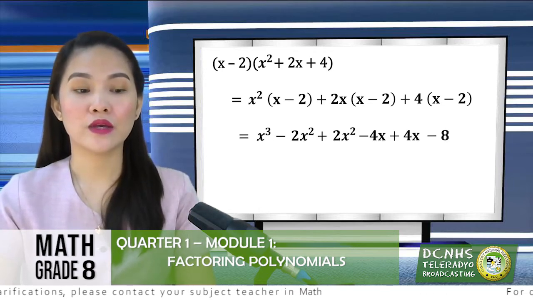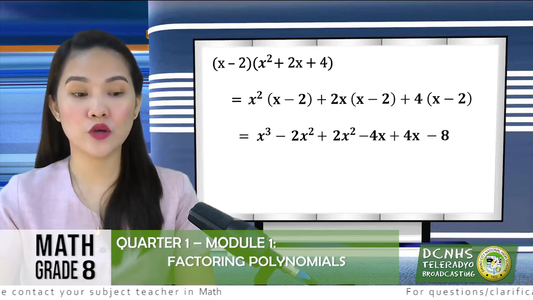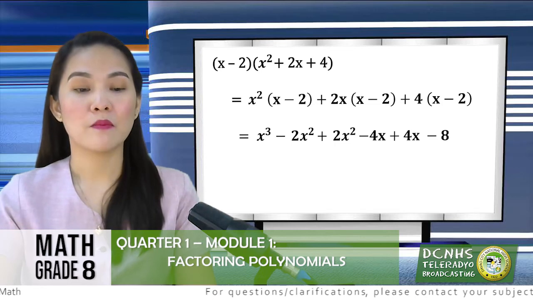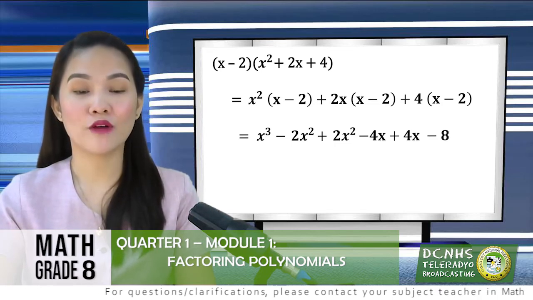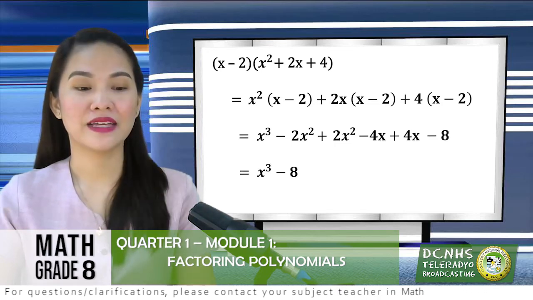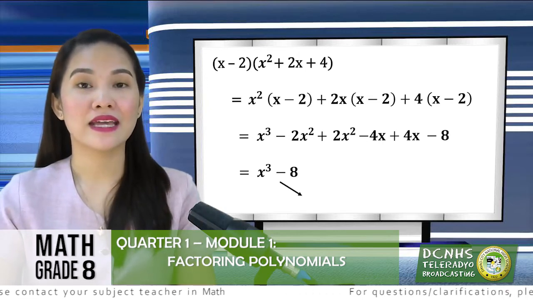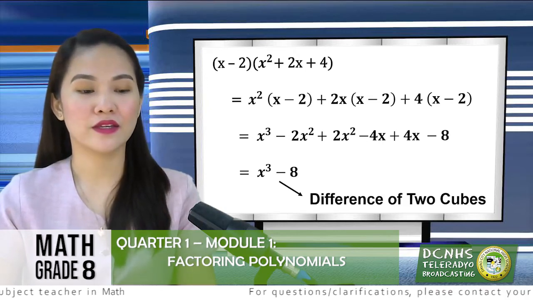After simplifying, we get x cubed minus 2x squared plus 2x squared minus 4x plus 4x minus 8. And then combining similar terms, we get x cubed minus 8.